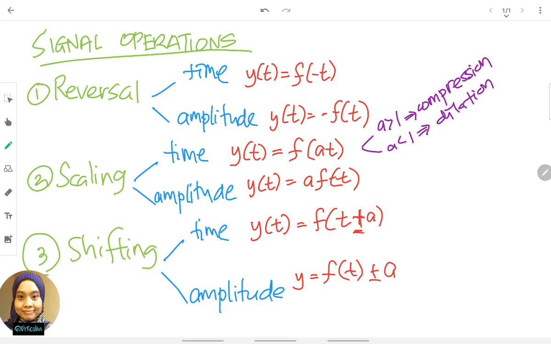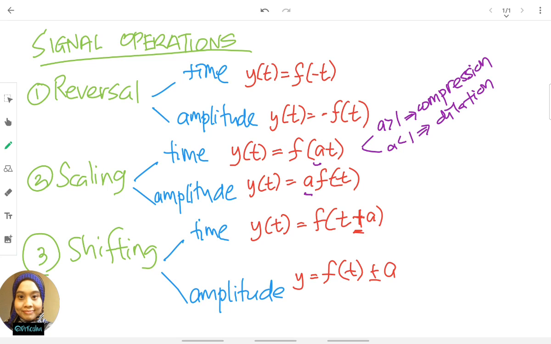For the amplitude scaling, I think there is no specific name given for the operation, whether a is more than 1 or less than 1.